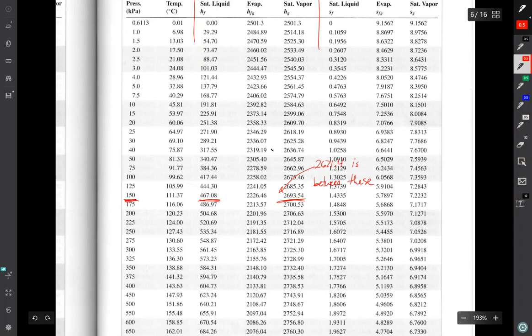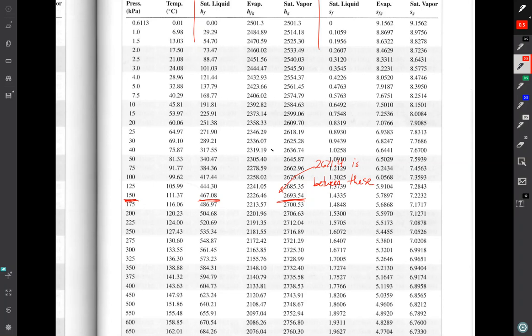So our enthalpy is between these two values, between HF and HG. That means that we are a vapor liquid mixture. We're in between a saturated vapor and a saturated liquid.